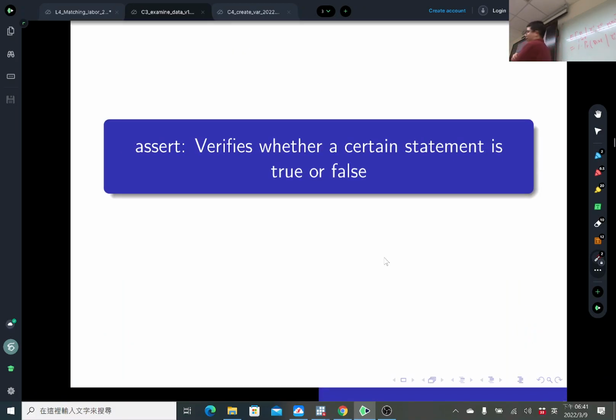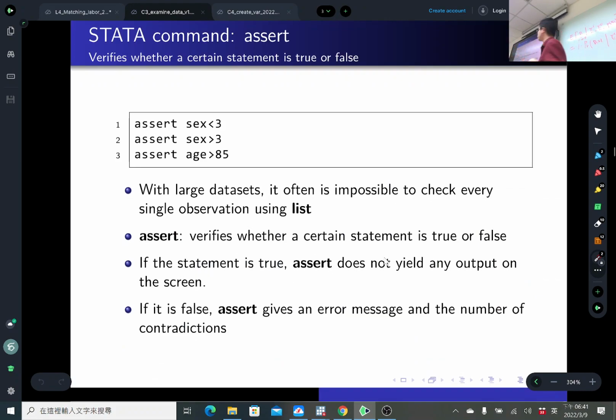Okay, another command called assert. This is very useful if you have a large data set. It's often impossible to check every observation using the list I just mentioned. But you might want to know whether your data set satisfies a condition or not. You can use assert. For example, the sex variable is basically just 1 and 2. 1 is male, 2 is female.